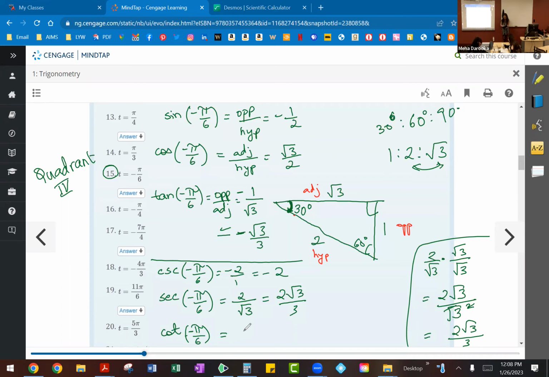Yeah, basically negative square root of 3. And then, again, if you wanted to use definitions for these guys, your cosecant would be hypotenuse over the opposite side. Secant would be hypotenuse over the adjacent side. And cotangent, of course, would be adjacent over the opposite side. So you can use those definitions also for finding your functions.